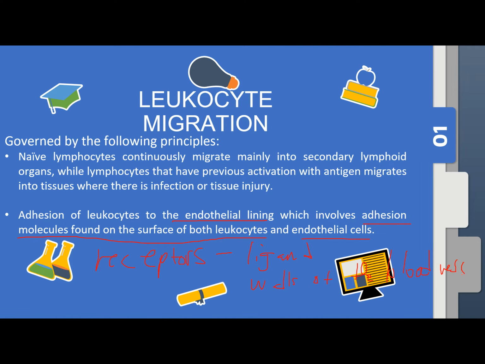Whenever you would hear the word walls of blood vessels, class, this would refer to the endothelial lining or the endothelium. So imagine if this is your blood vessel. This is where the blood would flow. On the surface, class, there would be certain receptors or ligands. And that is where your WBCs would attach.